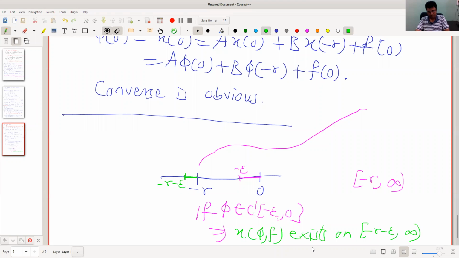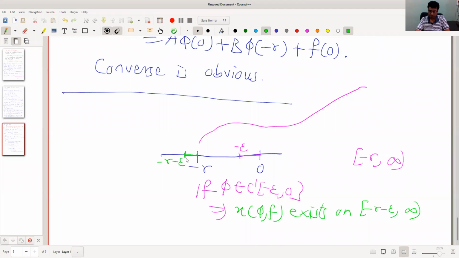Okay, so we can extend it further to the left hand side if we put some more conditions on phi, like phi is C2, twice continuously differentiable, as well as function f is differentiable. Okay, at present it is continuous. If function f is differentiable, phi is C2, then we can extend it further. Okay, and so on. So we see this result.